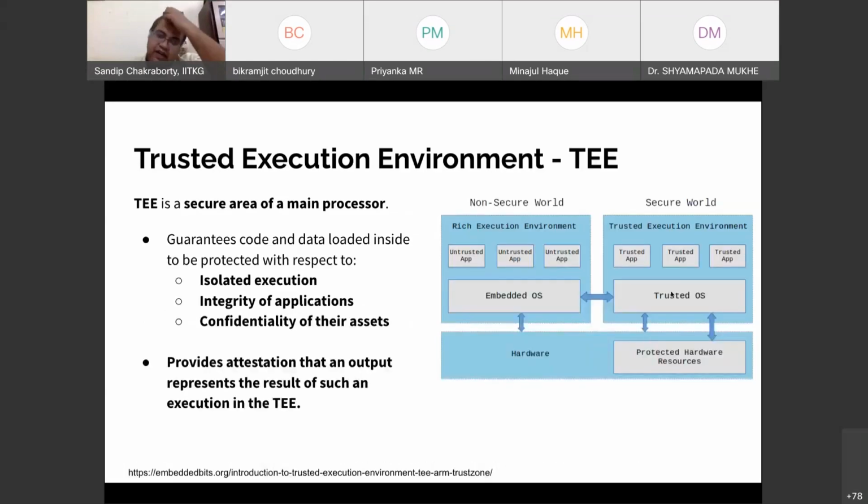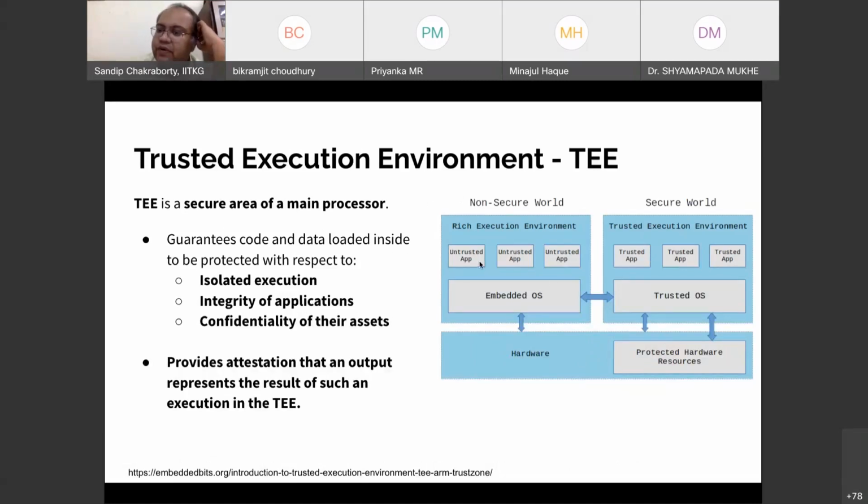So this is a standard architecture for a trusted execution environment. This trusted execution environment is basically a secure area within the main processor. Within the hardware, you can see that a set of protected hardware resources are there, which is part of the TEE. You can run a typical embedded operating system where you can run different kinds of untrusted apps.